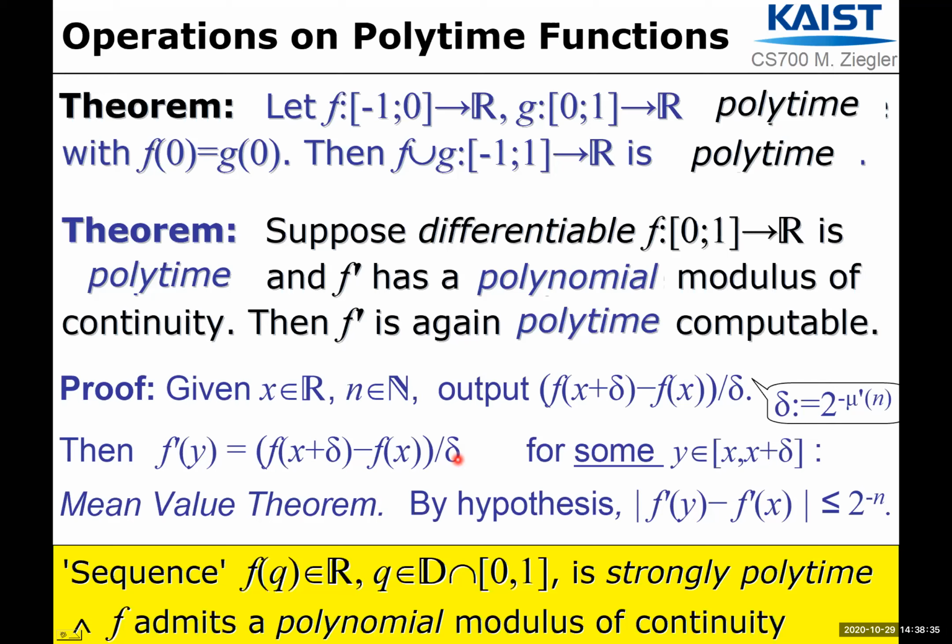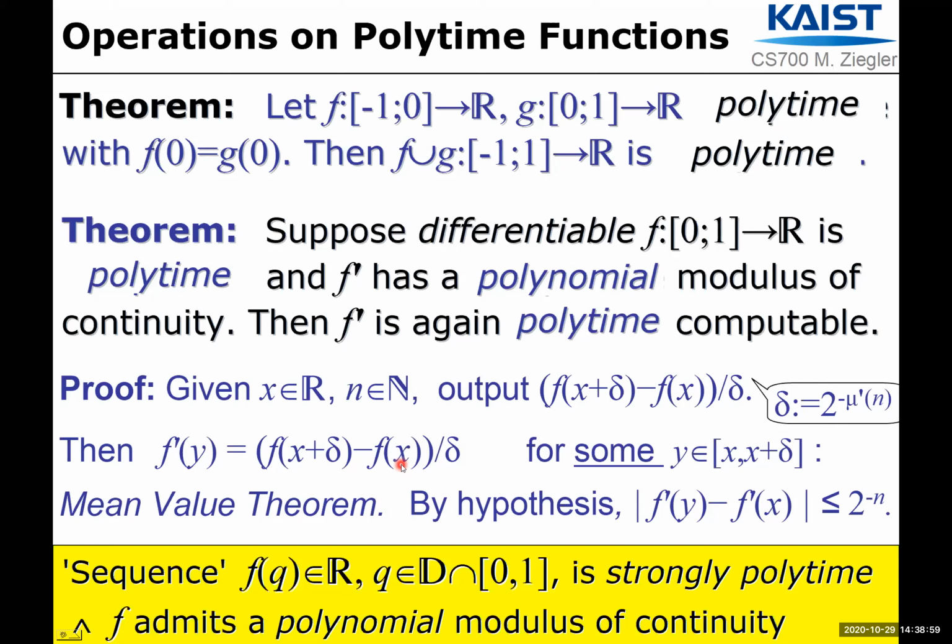And that's how much it blows up any error that we incur in approximately evaluating f at x and f at x plus delta, right? So we need to evaluate the function f at x and at x plus delta, and we can only do that approximately, right?